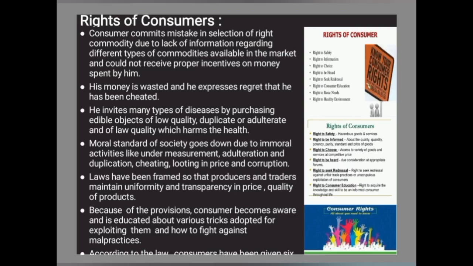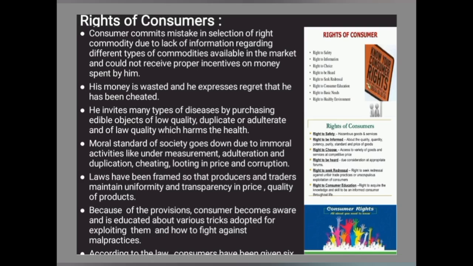Now second, rights of consumers. A consumer commits a mistake in selecting the right commodity due to lack of information regarding the different types of commodities available in the market, and could not receive proper incentive on the money spent by him.